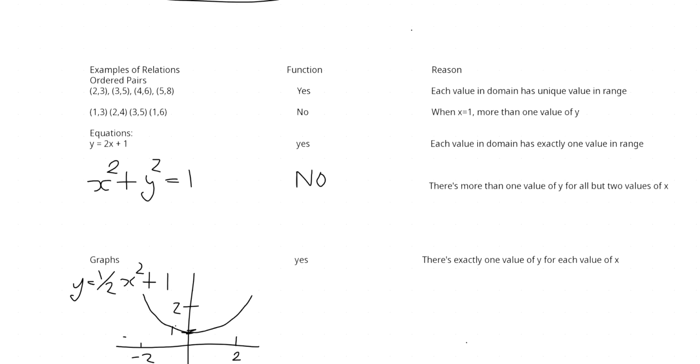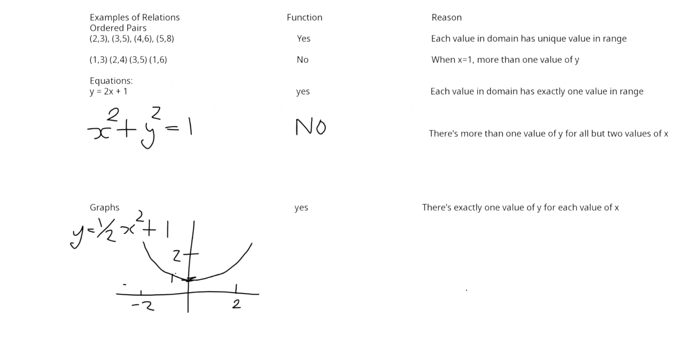So let's move on. This one, x squared plus y squared equals 1, is not a function. The reason is because you might have a negative or a positive here. And when you have a negative times a negative, it becomes a positive, and a positive times a positive will give you the same answer. So there's more than one value for y, even though there are two values of x.